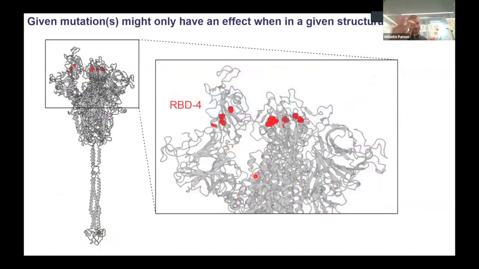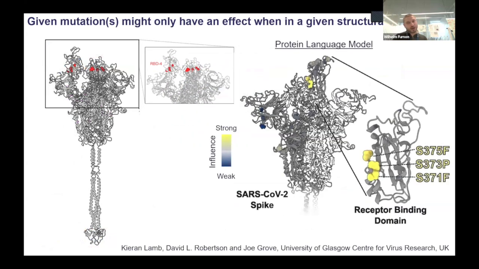And basically, these 4 mutations are localized in the RBD here, and that's where they are localized here. And using AI like AlphaFold, protein language model, etc., here at CVR, these are very preliminary data, but basically we could see that these mutations that are part of the RBD, so 371, 373, 375, are actually having the greatest influence on other mutations around.